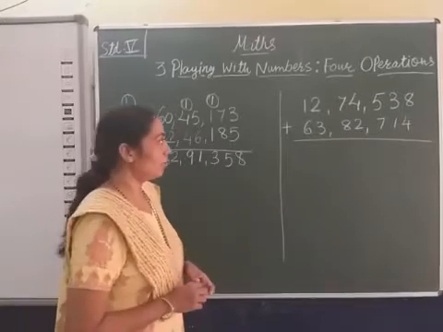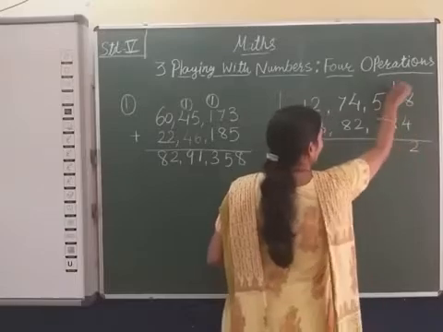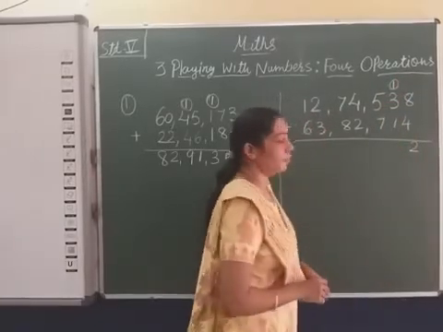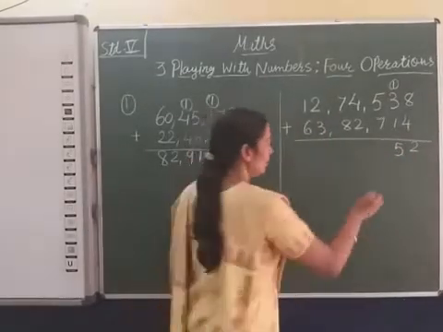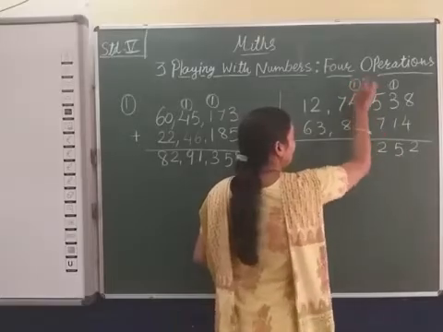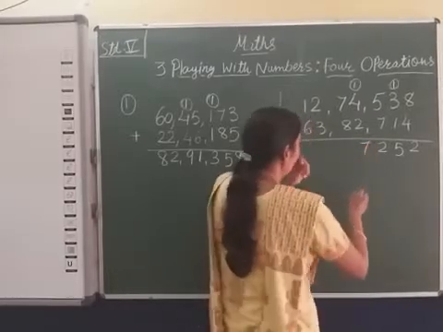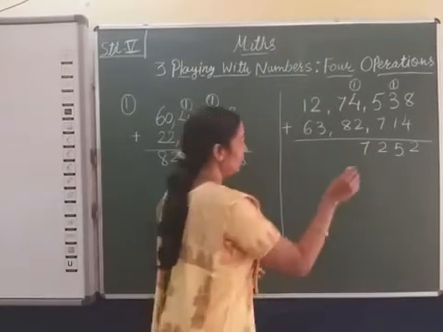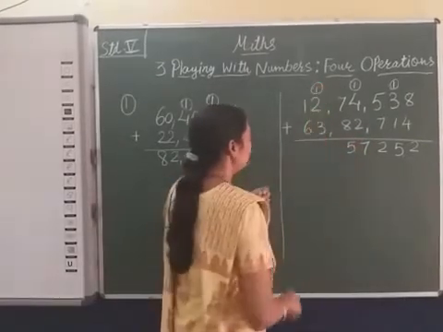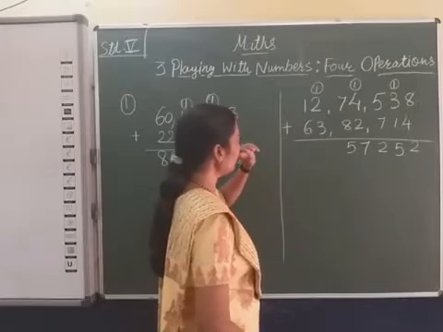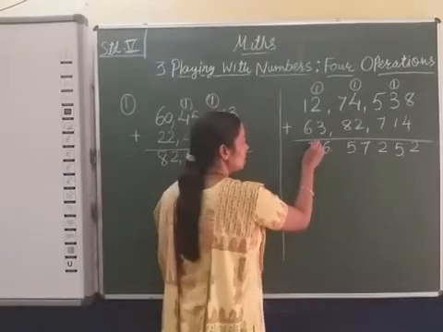Now let me find the sum. 8 plus 4, 12, 1 is carried forward to the tens place. 1 plus 3, 4, 4 plus 1, 5. 5 plus 7, 12, 2 is here, 1 is carried forward to the thousands place. 1 plus 4, 5, 5 plus 2, 7. 7 plus 8, 15, 5 is here, 1 is carried forward to the left place. 1 plus 2, 3, 3 plus 3, 6. 1 plus 6, 7.